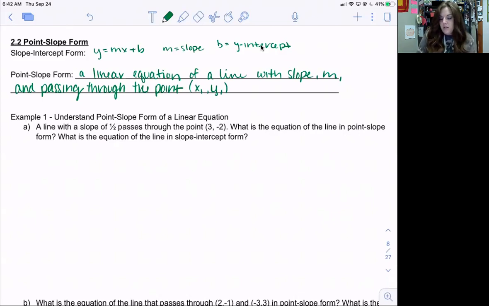Okay, and we're going to say it is y minus y1 equals m times the quantity x minus x1.